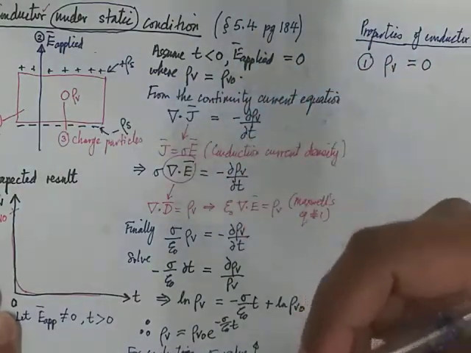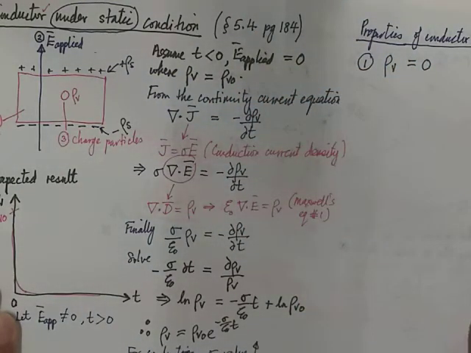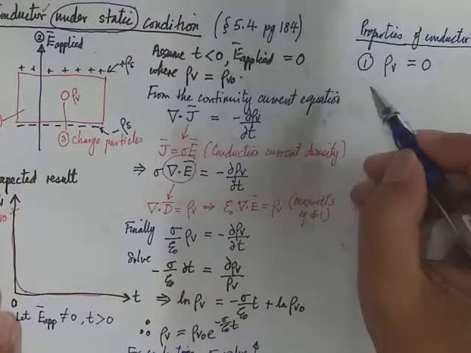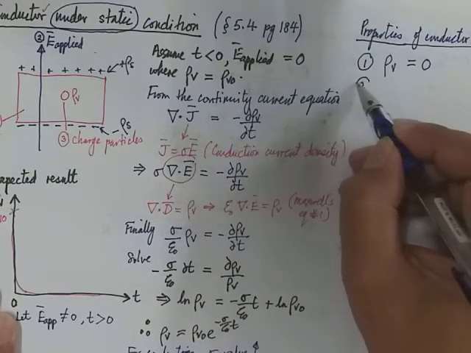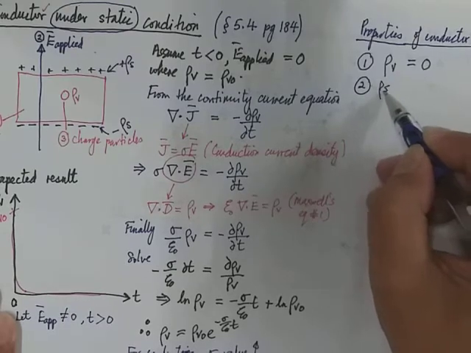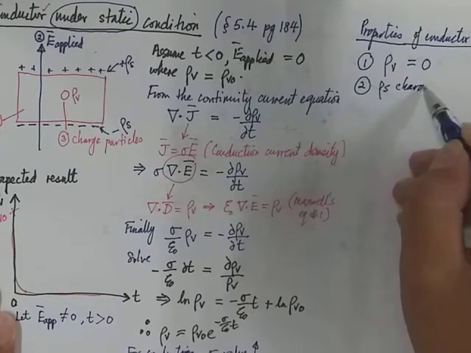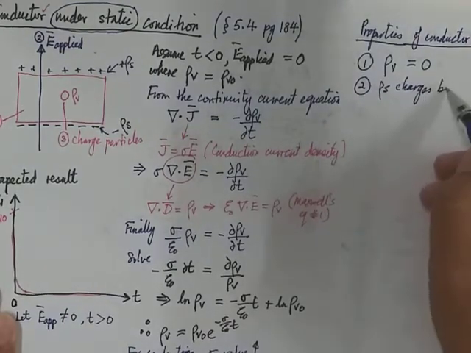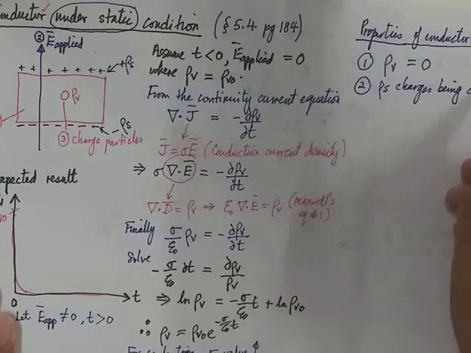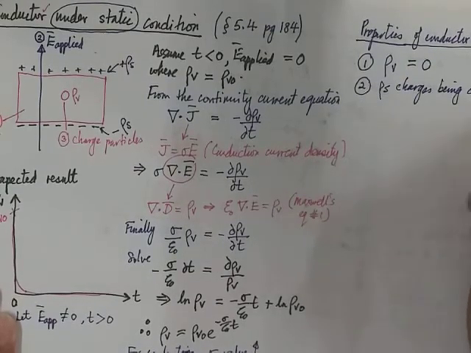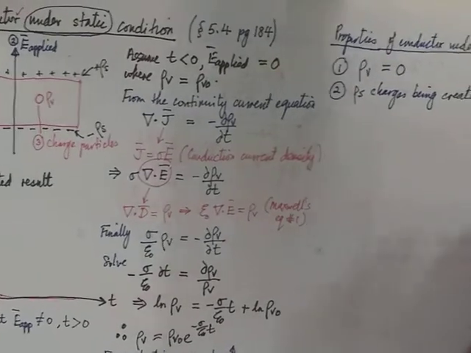So what is happening here? We are creating rho s. The rho s charges are being created from the rho v that we stated earlier.